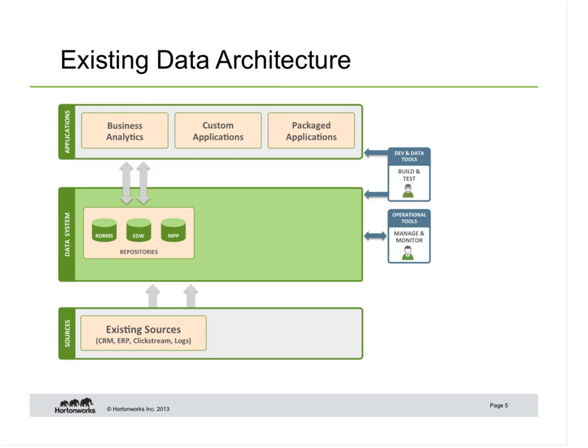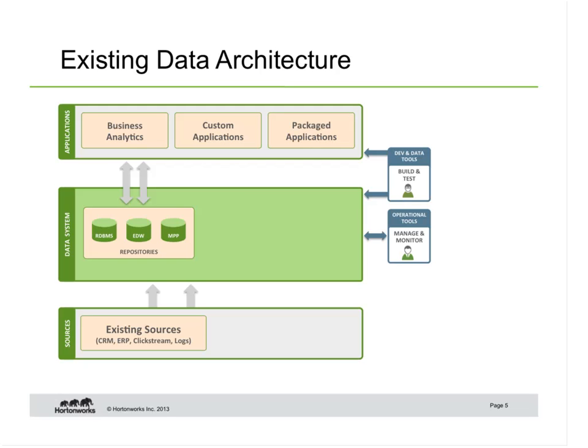So let's start with framing the discussion here, right? We're talking about data architectures. Traditionally, what we've been seeing in enterprise organizations, and what many of you on the phone probably work with and deal with today, is a simplified version in front of you. We're looking at an existing data architecture where you have multiple layers. You're solving the problem of having multiple different sources of data: customer relationship management data, ERP data, data coming in from observations about your customers and observations about different processes that you have going on.